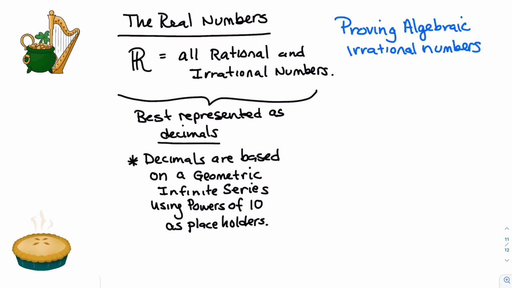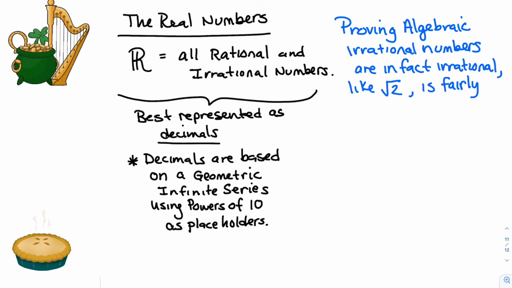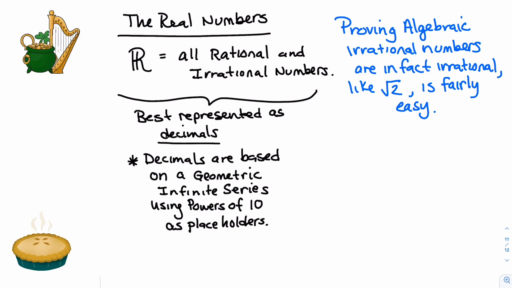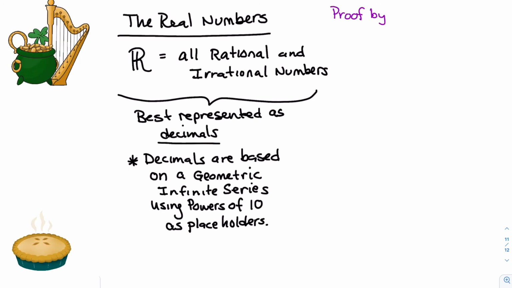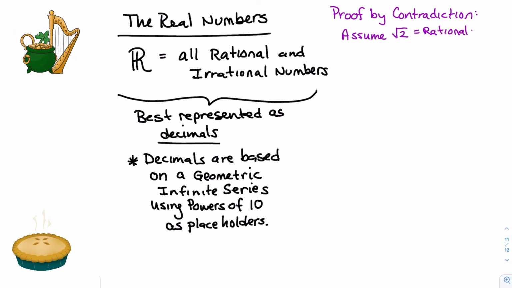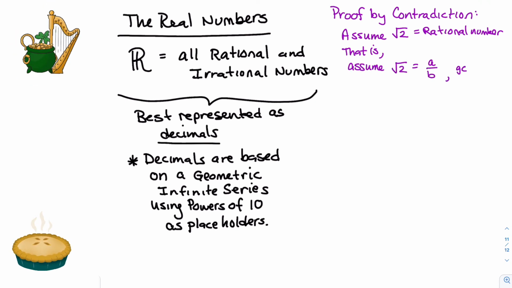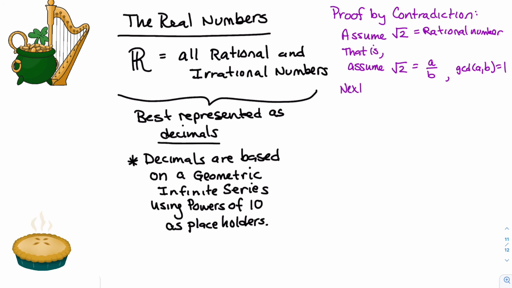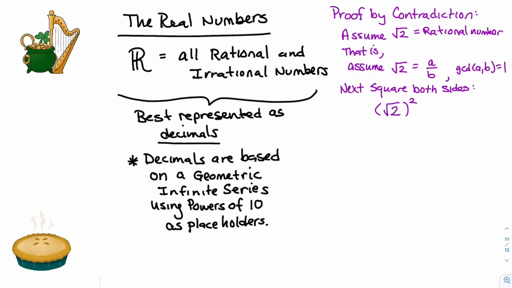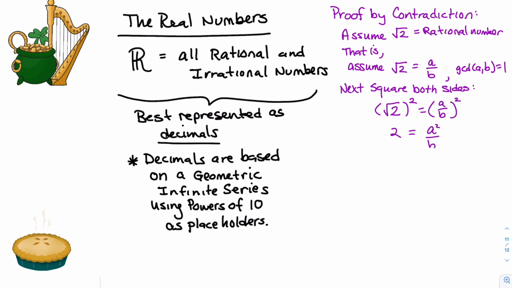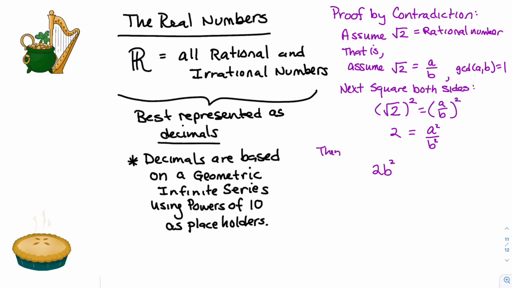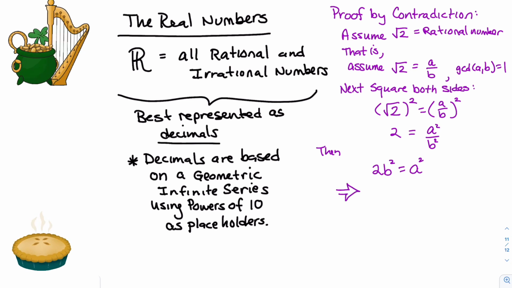So you can actually prove that pi is an irrational number, and proving a number is in fact irrational can be easy if it's an algebraic number. So for instance, the proof of the square root of 2 being an irrational number starts as a proof by contradiction. You start off by saying, let's assume the square root of 2 is a rational number, a fraction a over b where a and b have no common factors. Then squaring both sides, you get 2 equals a squared over b squared.